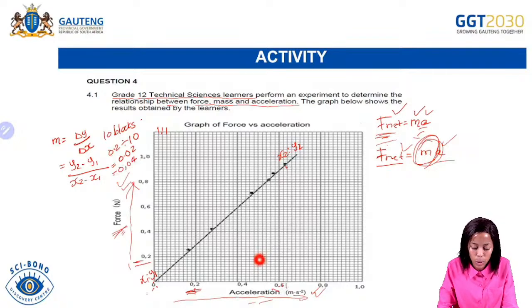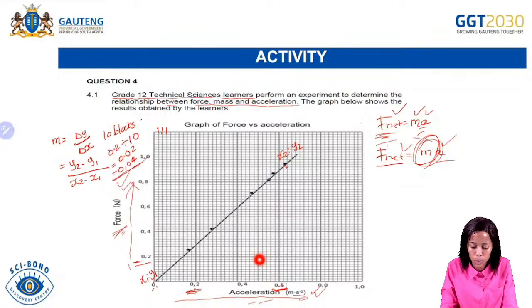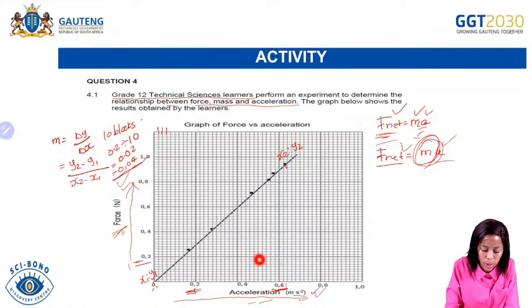So to count from 0 to the point you are looking for, 0.04 plus 0.6 gives you the value for the x-axis, which is 0.64.